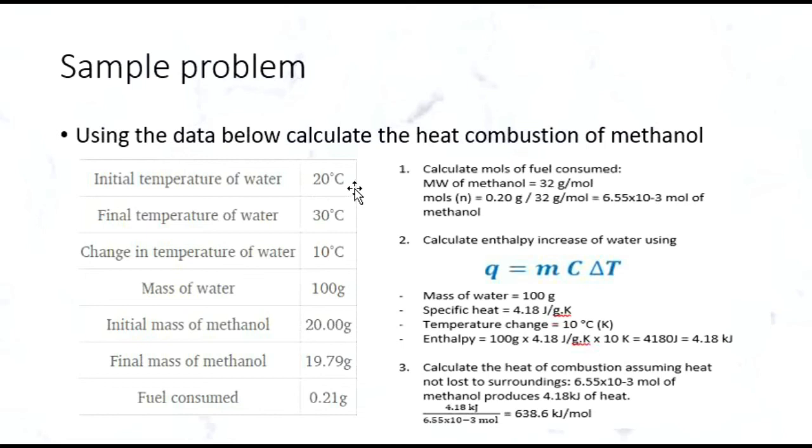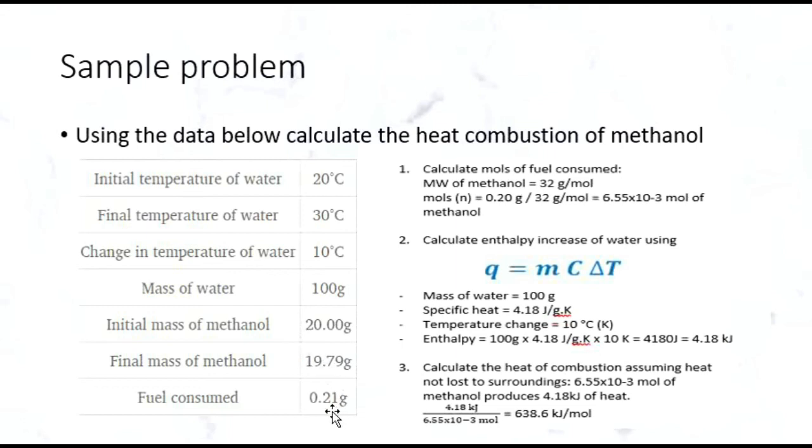Then we have the mass of water, which is 100 grams. Initial mass of methanol is 20 grams. Final mass of methanol is 19.79. You need to subtract the final mass of methanol from the initial mass, and the fuel consumed is 0.21 grams.